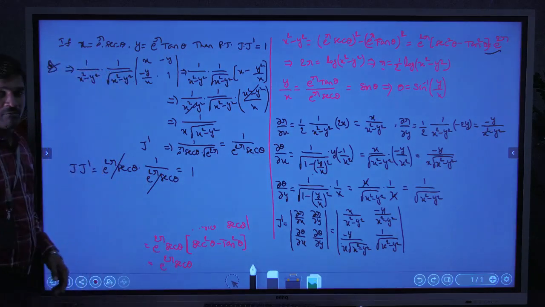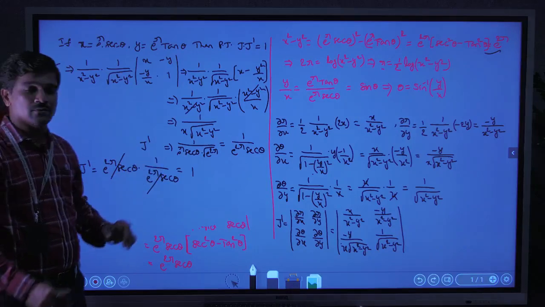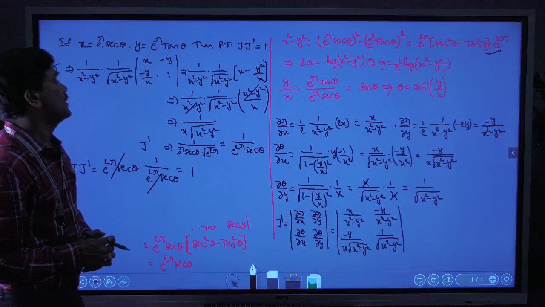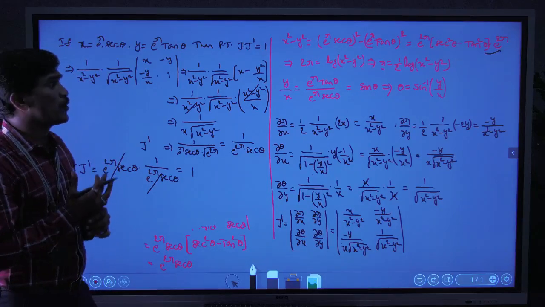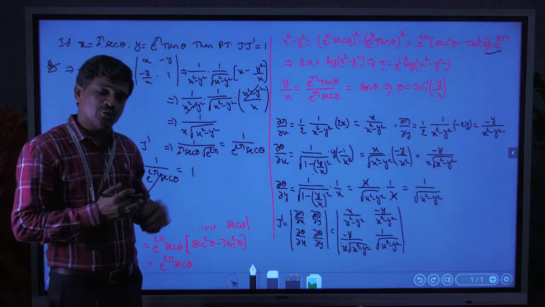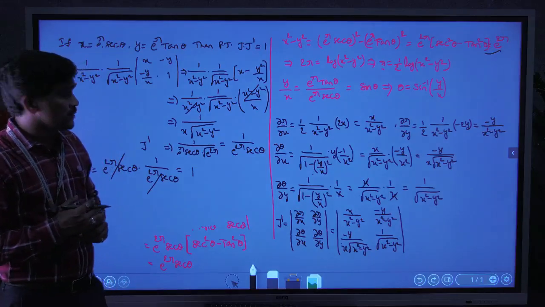Finally we get 1. So j j dash is equal to 1. This is the problem. Next class we will discuss one more problem on the property of Jacobian. Thank you.